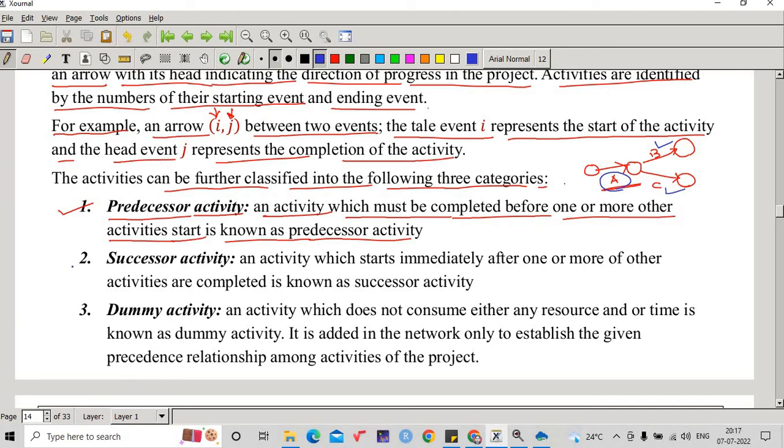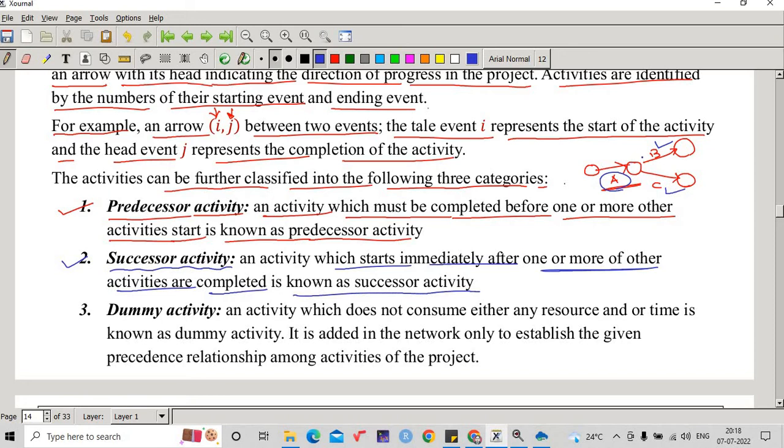Next part, successor activity. An activity which starts immediately after one or more other activities are completed is known as the successor activity.